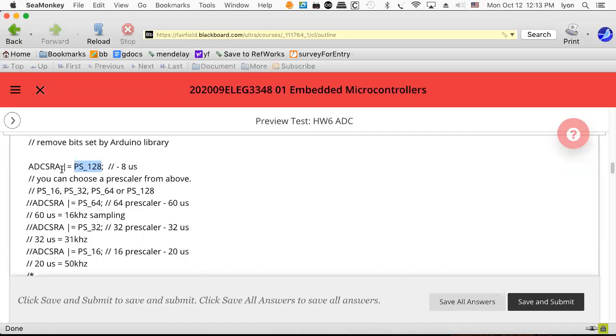So 16 megahertz divided by 128 gives us an 8 microsecond period on input to the Arduino successive approximation ADC converter. And if you took that 8 microsecond period and multiplied it by 13 cycles, that would be 104 microseconds. It's kind of long, actually.